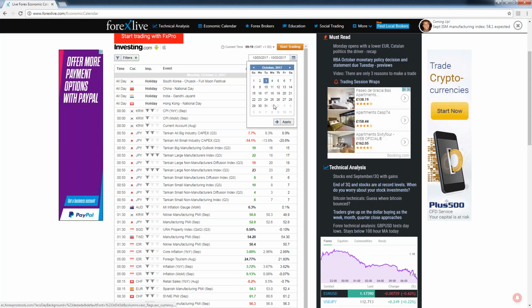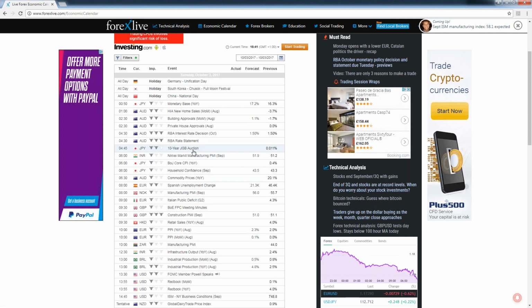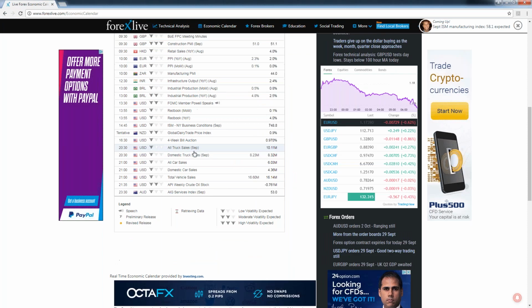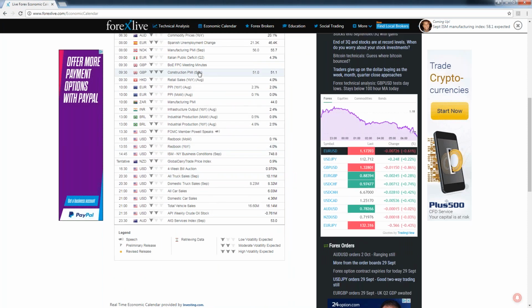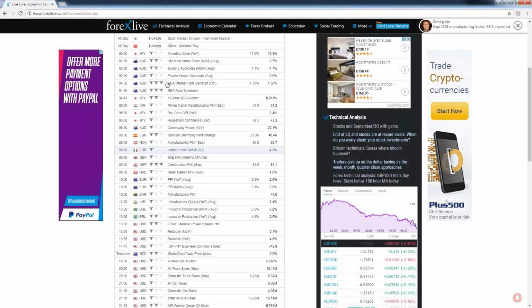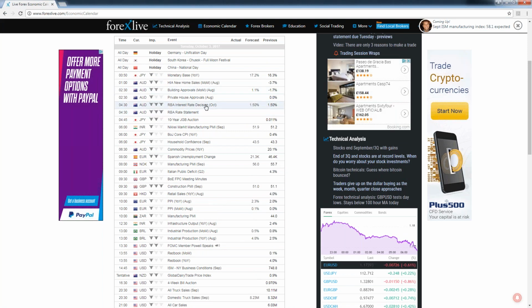Let me just go forward to tomorrow, Tuesday the 3rd of October, just to check myself, just to give myself a refreshing look, because I've not checked yet. Yeah, construction PMI due out tomorrow. And again, Aussie related, so if you're looking at trading Aussie or Kiwi dollar, yeah, RBA interest rate decision.